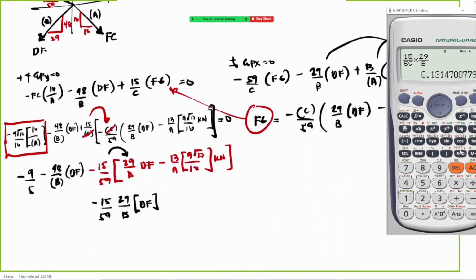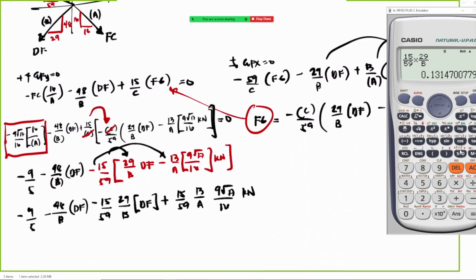This one, negative times negative, that is positive. And then pwede na lang natin din isulat: 15 over 59, 13 over A, 9 square root of 17 over 16 kilonewton. Okay? And negative 9 over 5 and 48 over B DF.